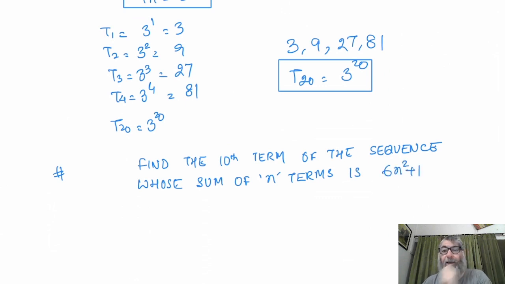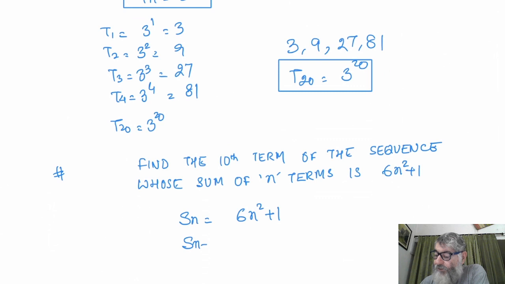Now this is Sn, sum of n terms, means Sn is 6n square plus 1. Remember, whenever we need to calculate nth term, I need also Sn minus 1 for the formula.